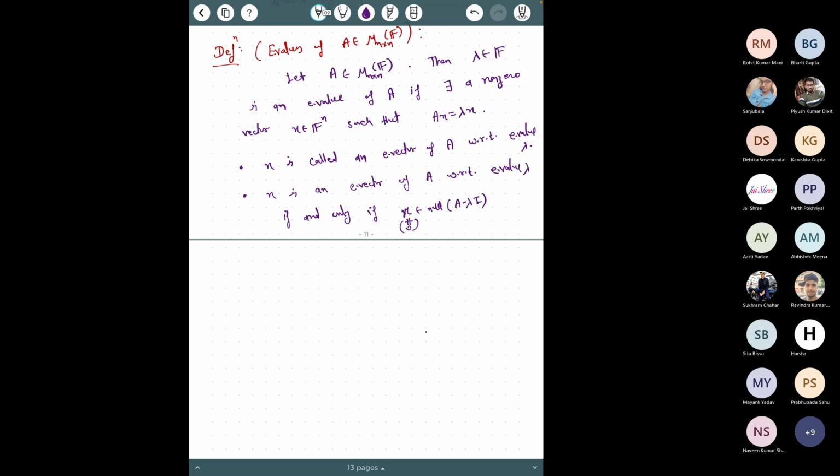This null space of A minus lambda I is very important for us.